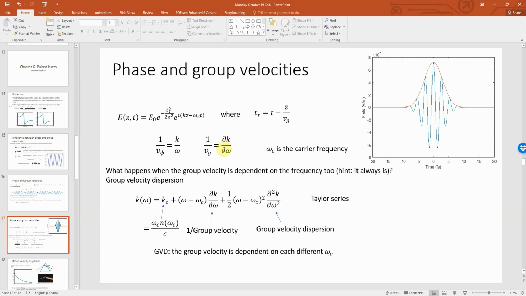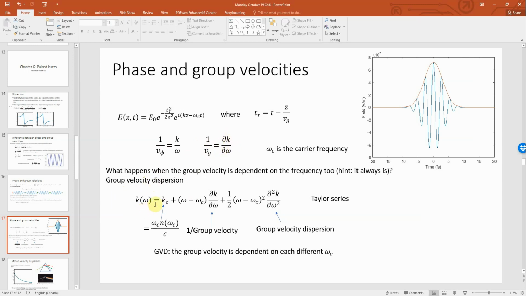But the same thing will be true for the derivative of that. So that means that also the group velocity will be frequency dependent. And that's called group velocity dispersion, how we characterize that frequency dependence of the group velocity. And that's because the group velocity is already the derivative of k with respect to frequency.